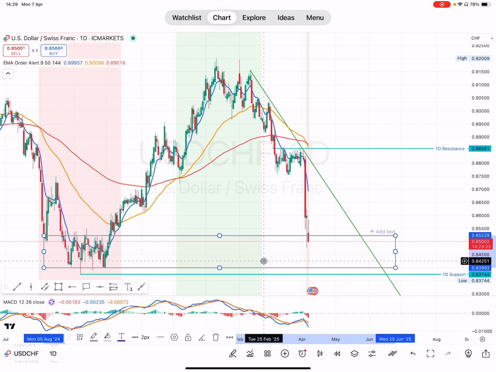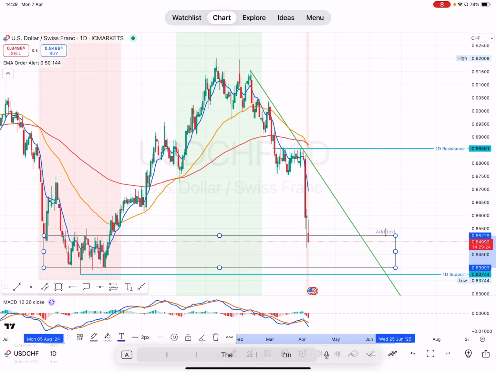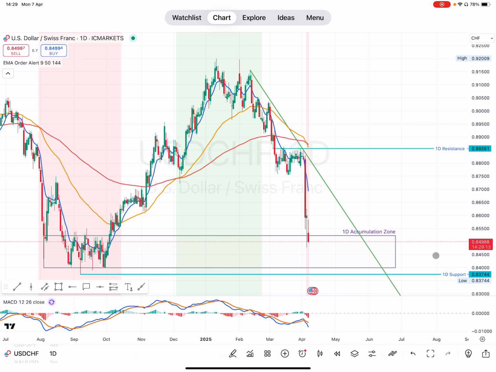As you can see now, that is well within the accumulation zone. And let's add some text to it. 1 day accumulation. Boom. Okay, so it's in there.